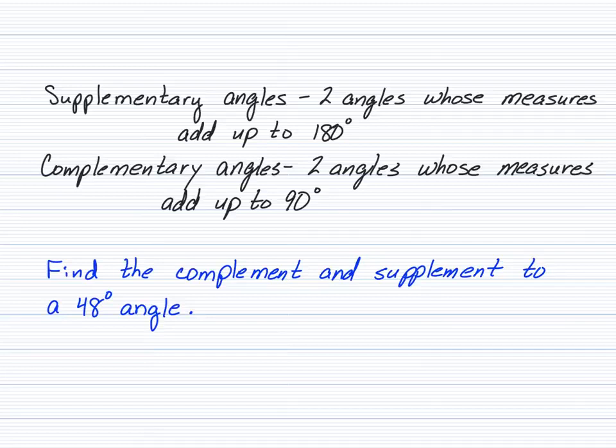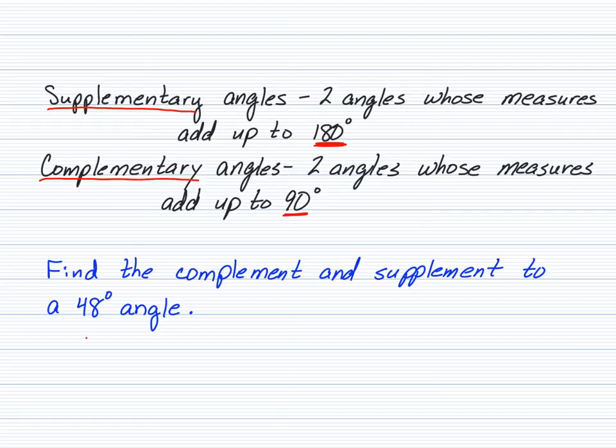All right, a couple of definitions from geometry that should be familiar. Supplementary angles are two angles whose measures add up to 180 degrees. And then complementary angles are two angles whose measures add up to 90 degrees. So this says find the complement and supplement of a 48-degree angle.